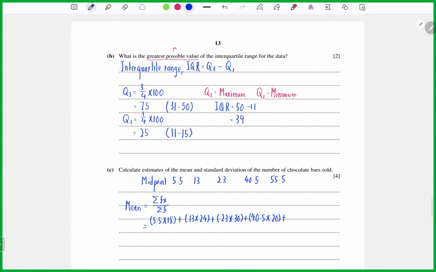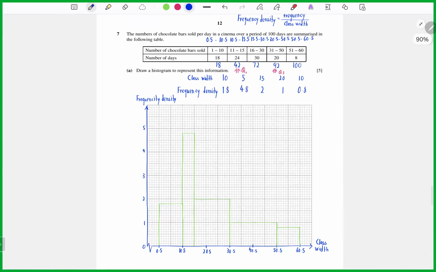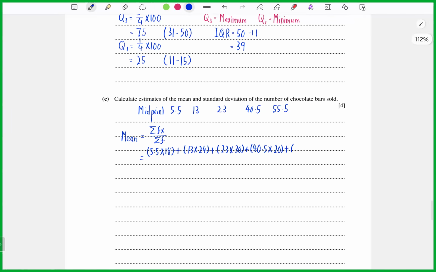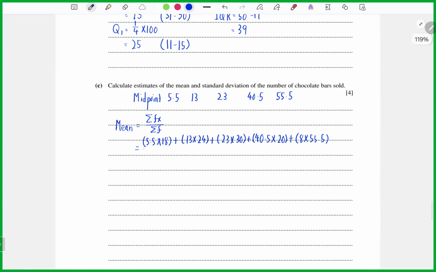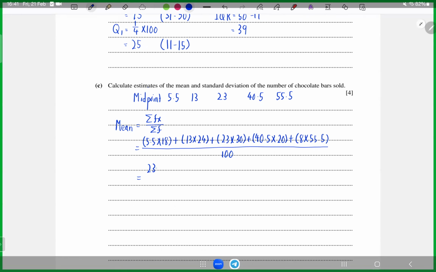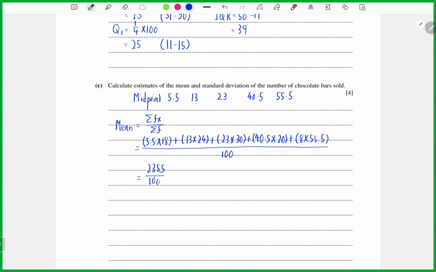And the last is 8, so 8 multiply 55.5. Divided by 100. 2355 over 100.